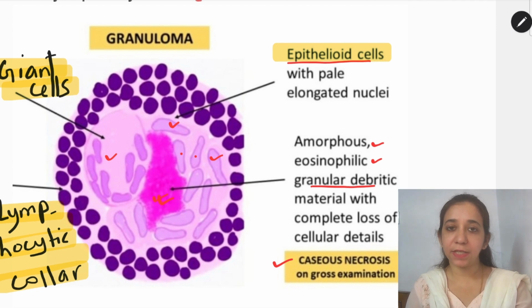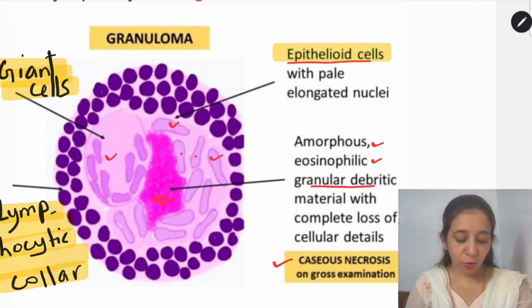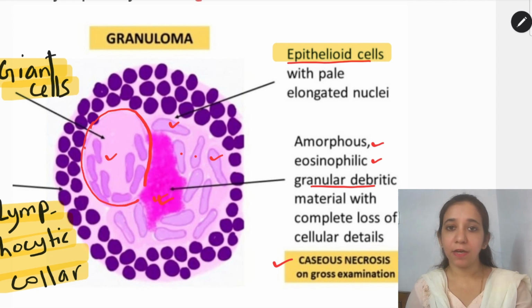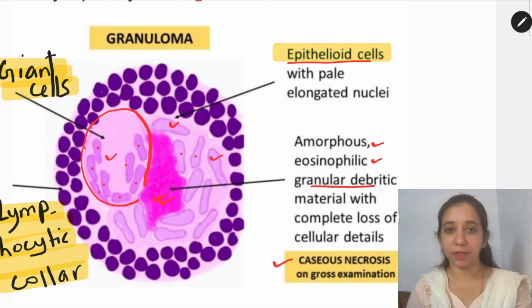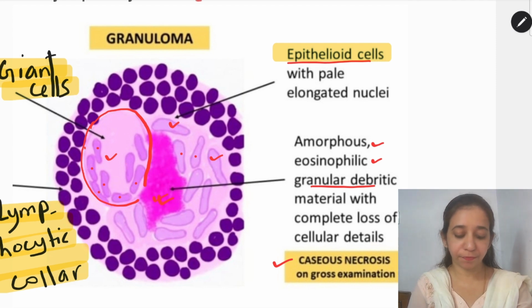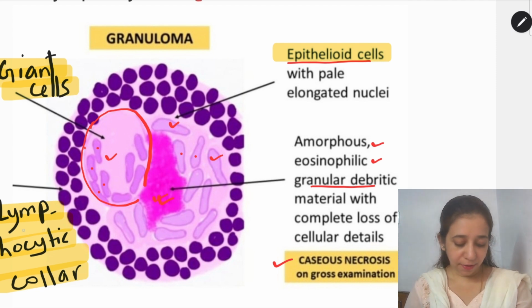We know the giant cells are multinucleated, so we can see this whole large cell is a giant cell, and within this one cell there are multiple nuclei. These all are the nuclei. Around it there is a collection of lymphocytes.